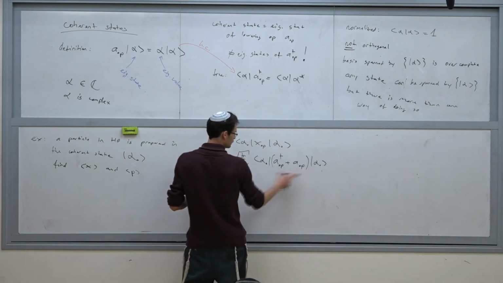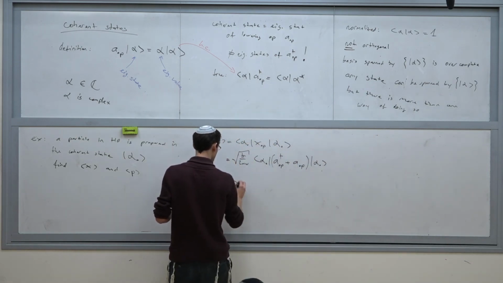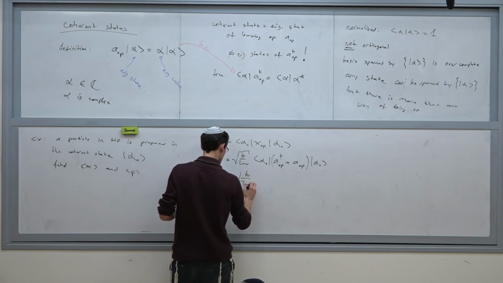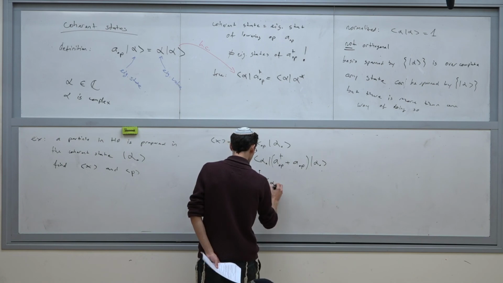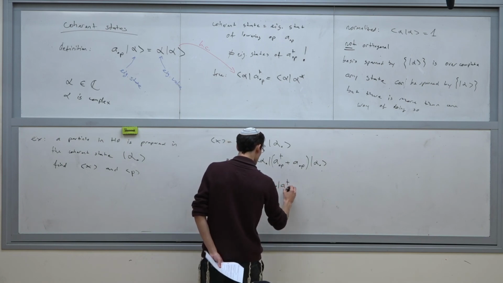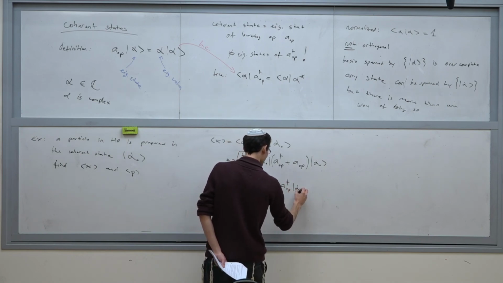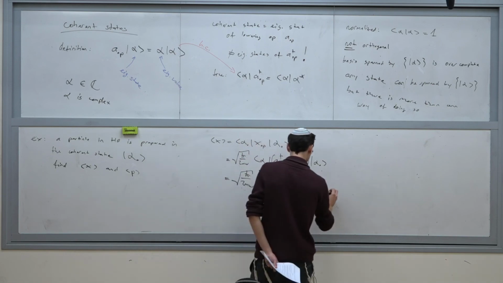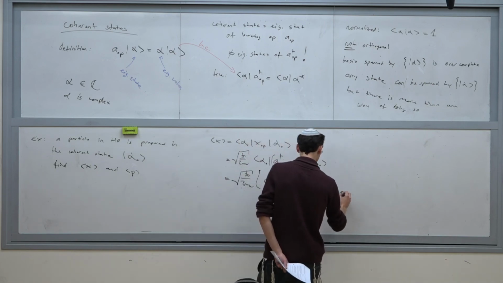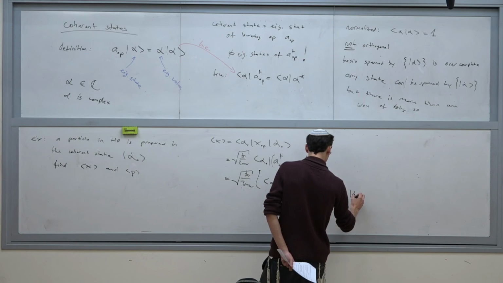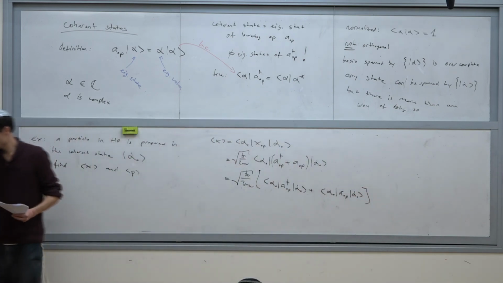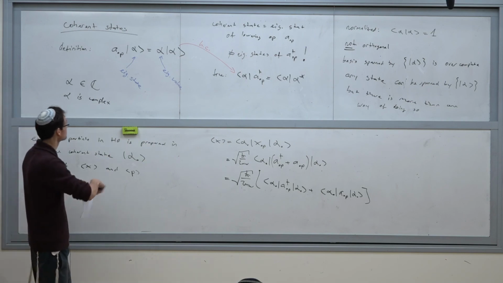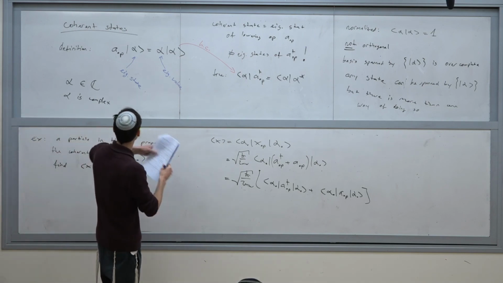Now let's write out the two terms. The first term is the sandwich of a dagger, and the second term is the bracket with a. Now I can use the definition of the coherent states.